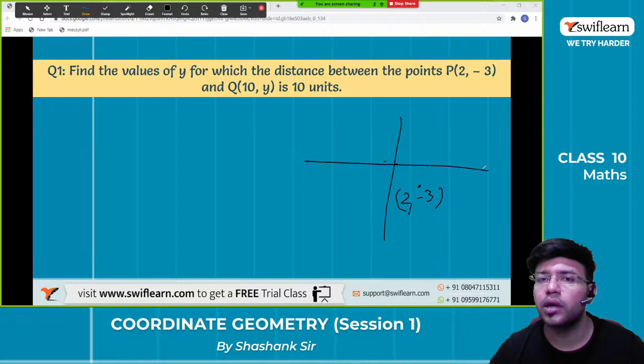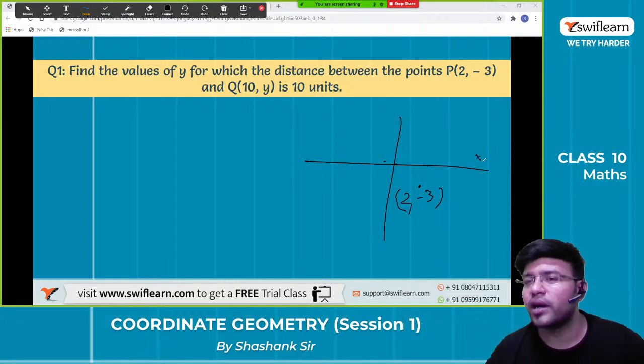Okay, the x coordinate is 10 and we don't know the y coordinate, but we know the distance. Say somewhere it is here for the time being. Might be right, might be wrong, this is just a rough diagram. So this is point P, this is point Q. What are the coordinates given? 10 comma y. Find the y coordinate as the distance is 10.